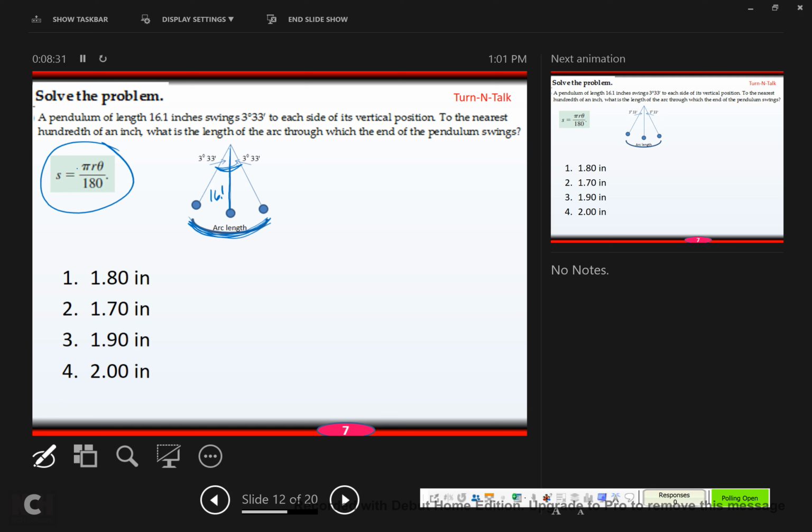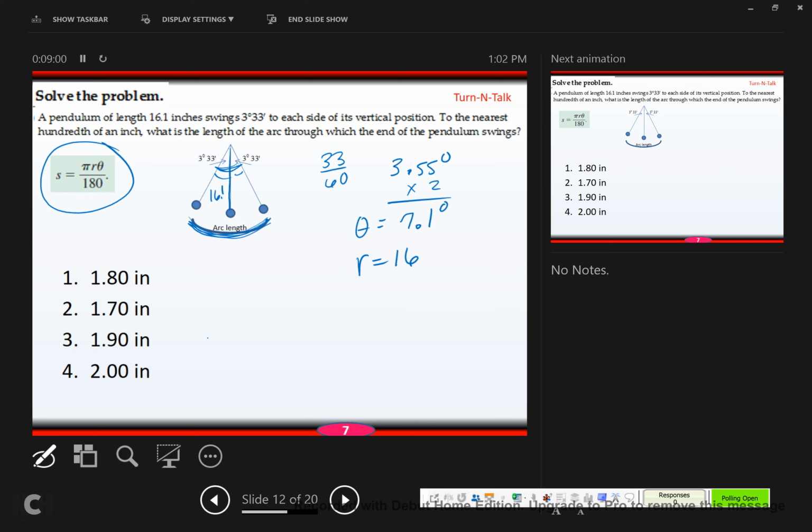Now we've got to change this. If I take 33 and divide it by 60, that gives me 3.55 degrees. Now I have to double that because that's just one way. The whole angle is that twice, since it swings each way. So if I double that, I get 7.1. That's my angle, theta, and I know the radius is 16.1, it told me that.